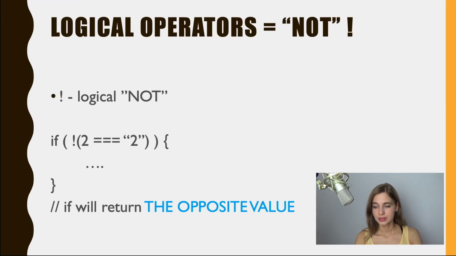And NOT is kind of logical. So we have this triple equal sign. We're checking for the strict equality. Is 2 the same as the 2 in strings? We know now that is not true, so it's false. But because we put an exclamation mark, that stands for a NOT as a logical operator in JS, it will actually be true now.